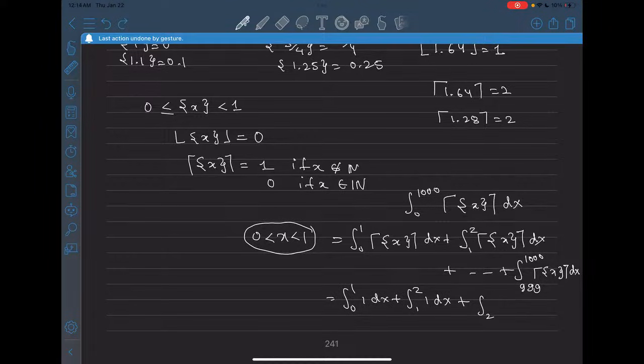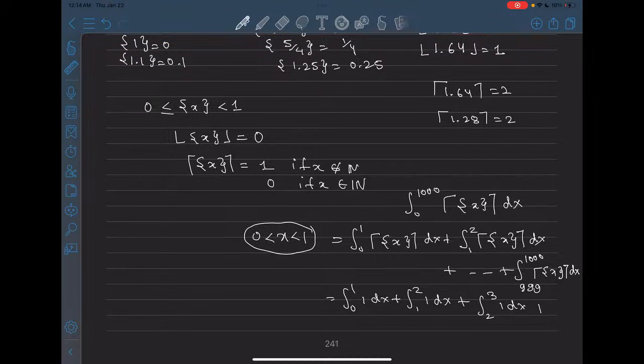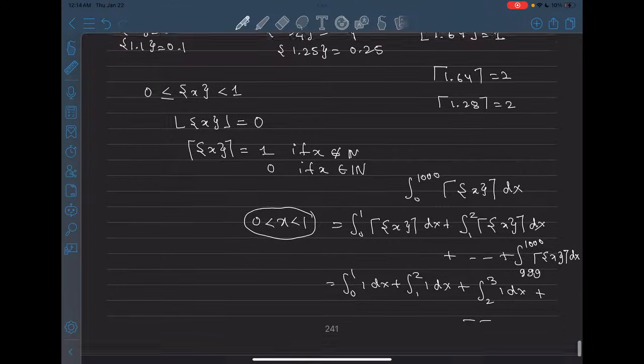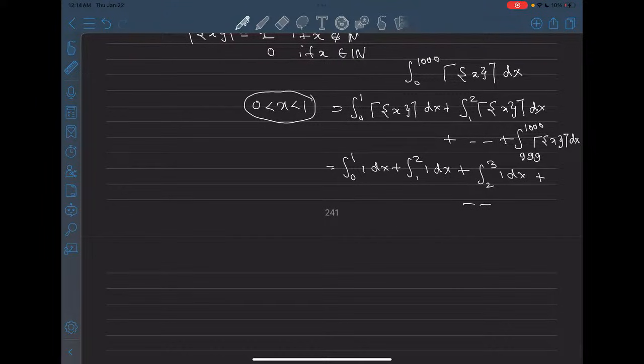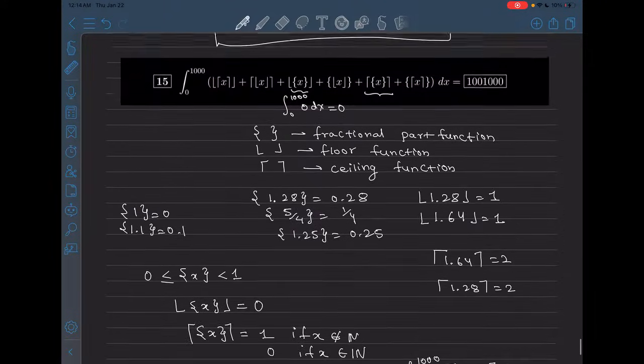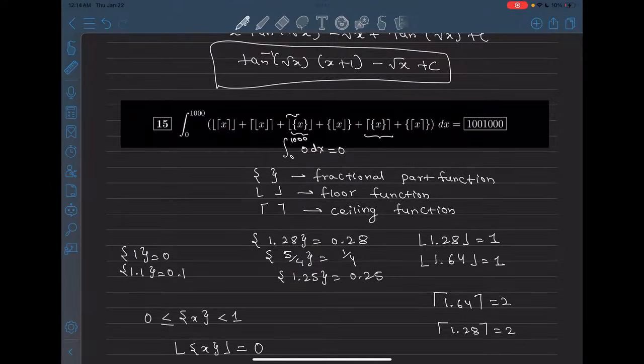From 2 to 3, yeah, for the purpose of the integral, it's always 1. So this is just 1 minus 0, 1. This is 2 minus 1, 1. So we just add 1 how many times? 1000 times. So this is just 1000.